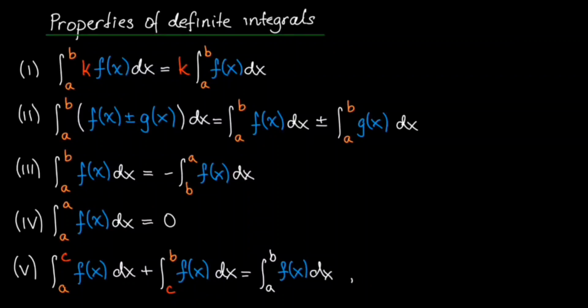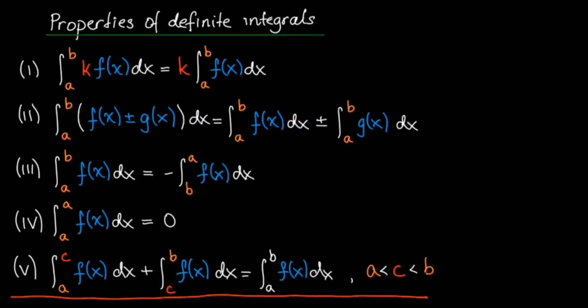However, here there must be a prerequisite. The prerequisite is the following. A must be less than C, and C must be less than B. This fifth property right here is quite important and will be used a lot later on, and I will make sure to show you when we do.